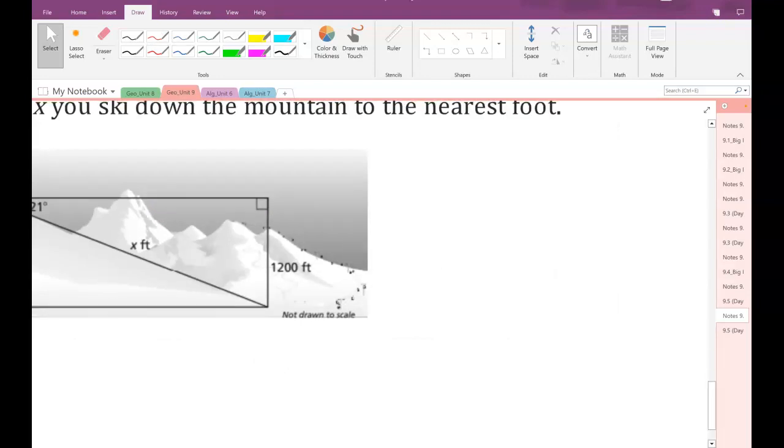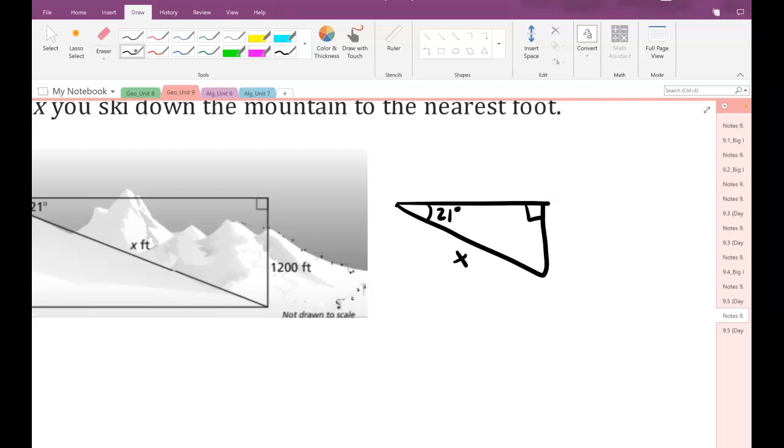If we were to separate this triangle off to the side, we'd have a 21 degree angle here, and x, and our altitude is 1200. To figure out what trig ratio you need to use, I would ask, what am I given? Well, I'm given an angle measurement. I'm given the side that is opposite of the 21 degrees, and I'm also given the hypotenuse.